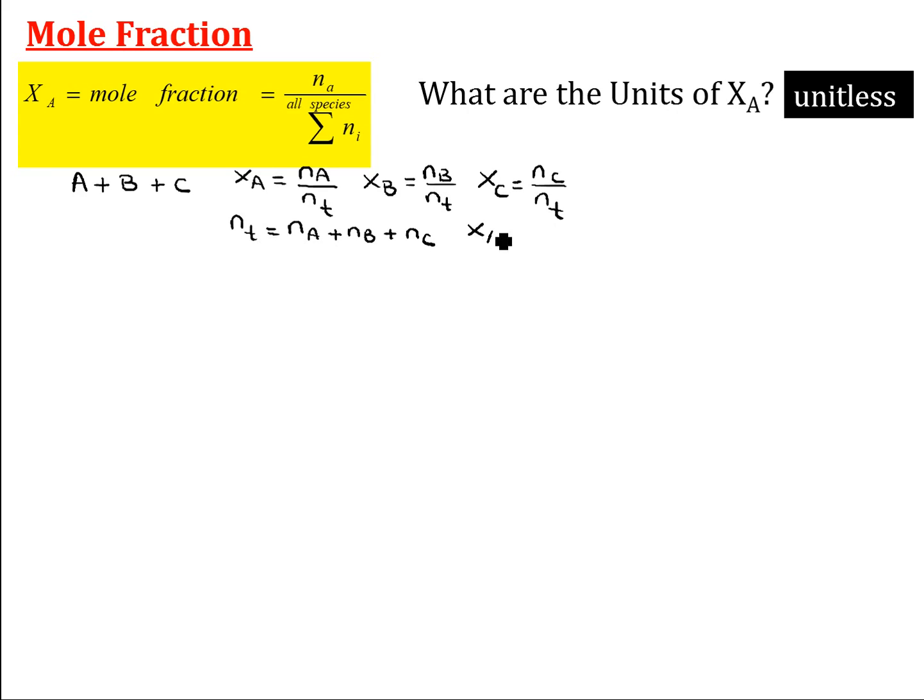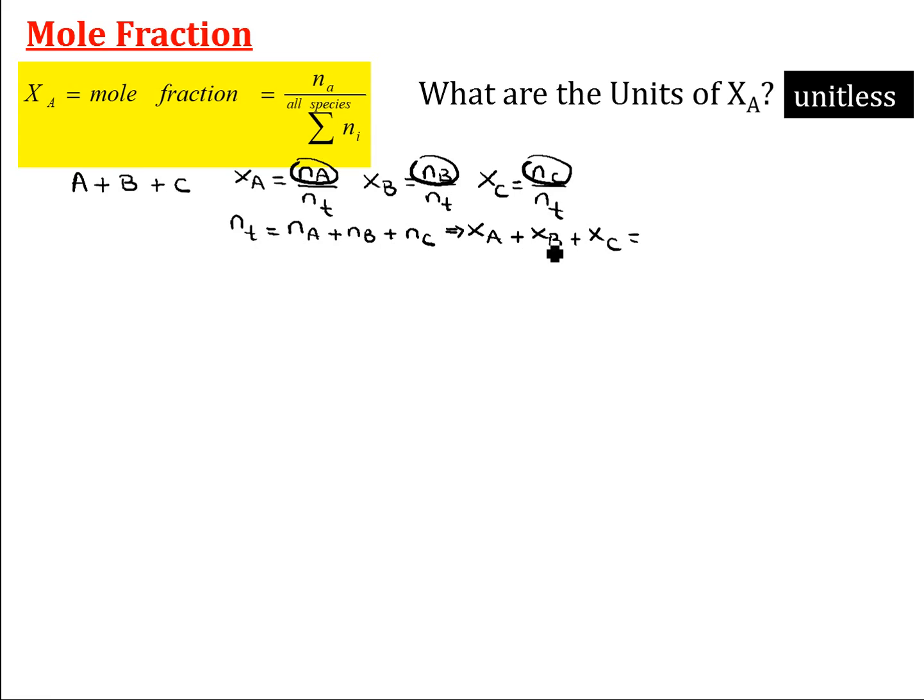So if you add XA plus XB plus XC, you will obtain NA plus NB plus NC divided by N total, and NA plus NB plus NC is equal to N total.